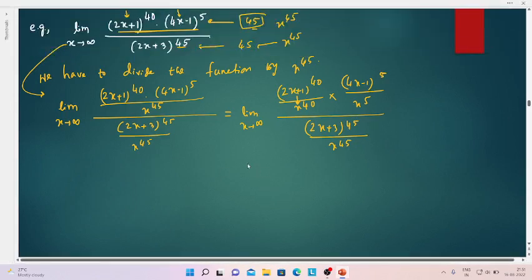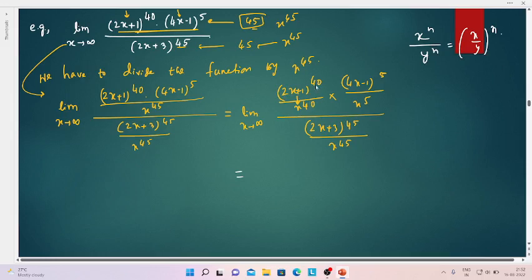Yeah. So here you can see, suppose we have x to the power n and y to the power n, that can be written as (x upon y) whole to the power n, right? Similarly here (2x + 1)^40 is there, and x to the power 40 is there.